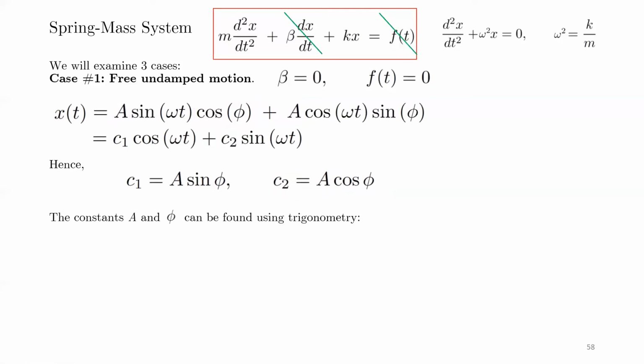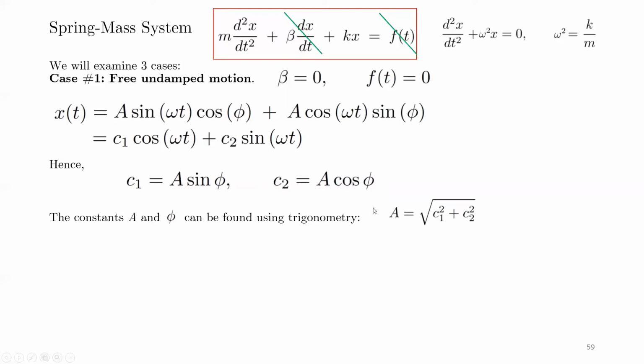Okay. And so we can find the constants A and phi just using basic trigonometry, right? So A I'm going to claim is equal to the square root of C1 squared plus C2 squared. And the reason that is, if you look at the sum of C1 squared and C2 squared, well, we get A squared sine squared phi plus A squared cosine squared phi.